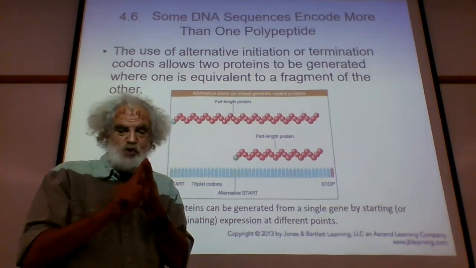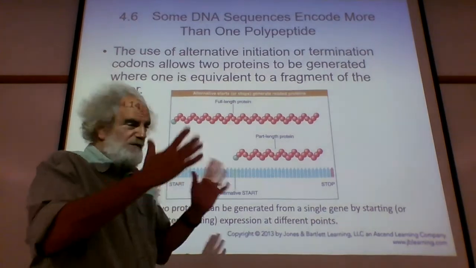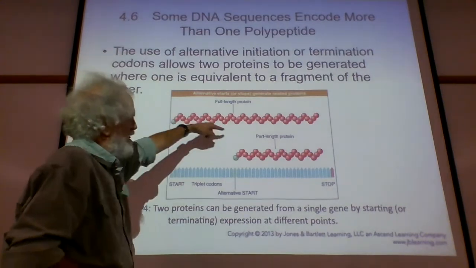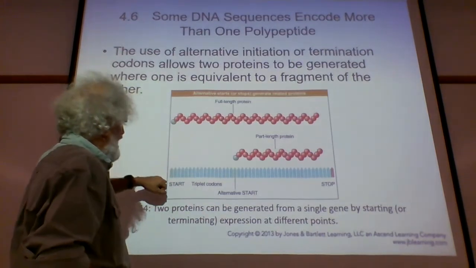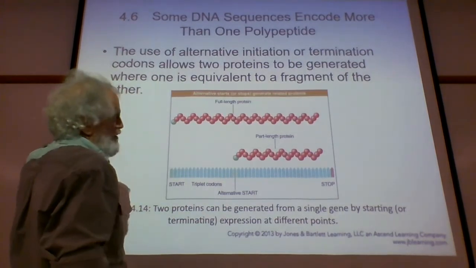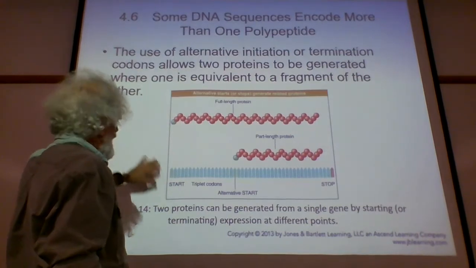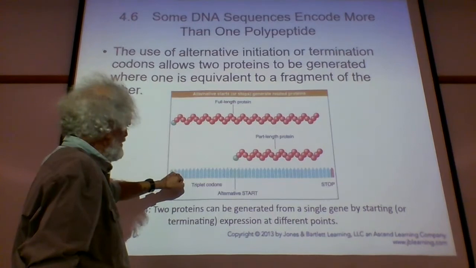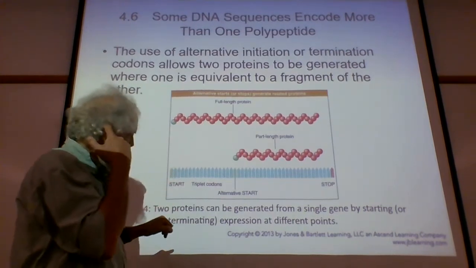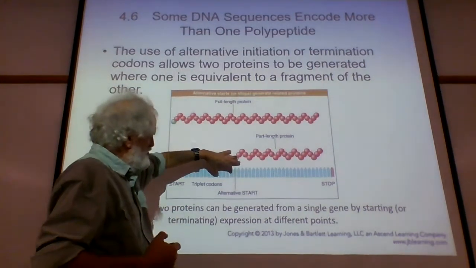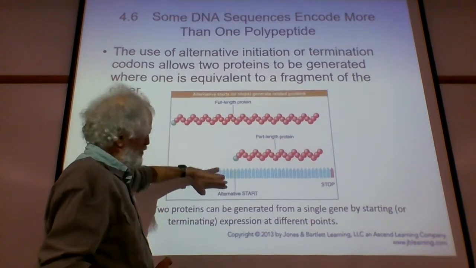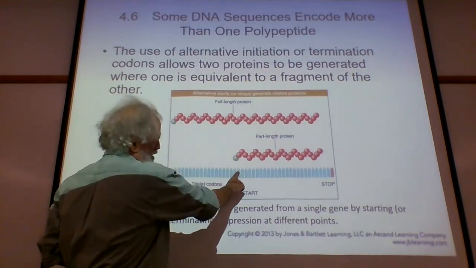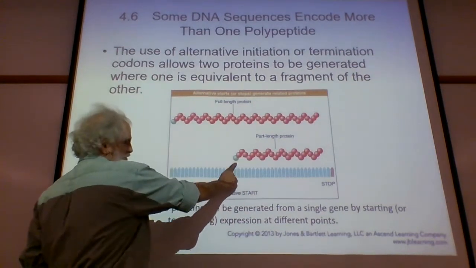That is, the AUG can be different. We've got an RNA that has a 5' untranslated region that we're not looking at, and we've got the AUG start, but then we can have a splice that will remove this part of the RNA, and now the initiating methionine is going to be further downstream.